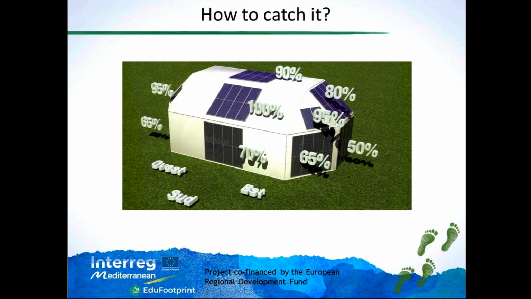Again, as I said, there is an optimal solution for the positioning of solar panels, either thermal or photovoltaic, and you see it clearly from this drawing. You have 100% of the energy that can be collected if, for instance, the collectors are put on the roof with a tilt of about 30 degrees and oriented towards south.